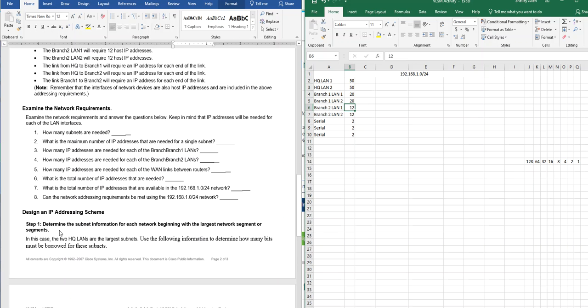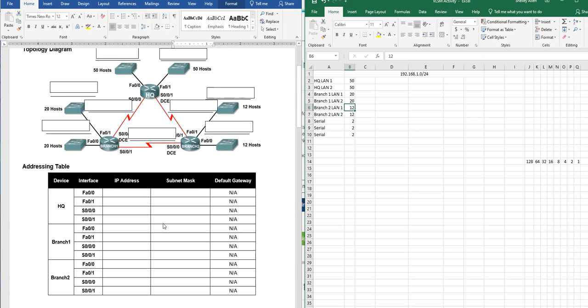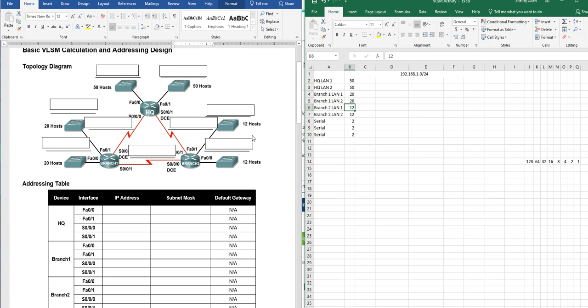The first thing you'll do is determine the subnet information for each network, beginning with the largest network segment or segments. Again, this is what I have done over here on the right-hand side: I've looked at my topology and written from the largest to the smallest. One of the questions you were asked is how many networks you need.